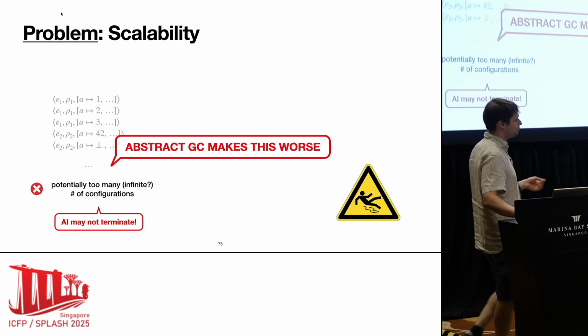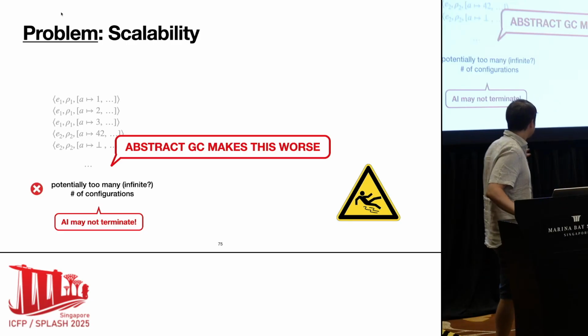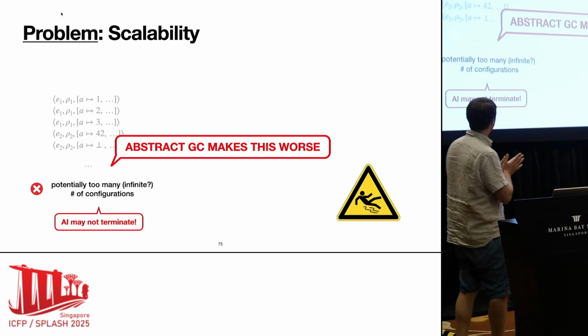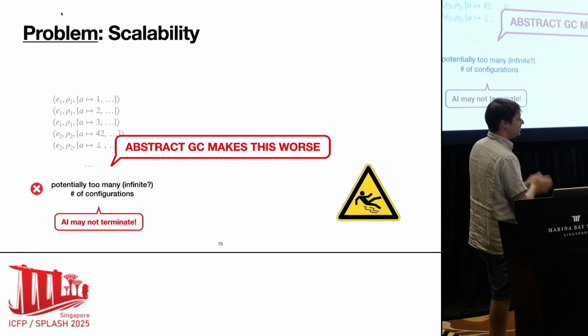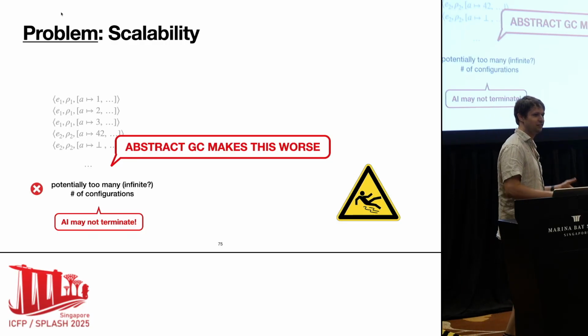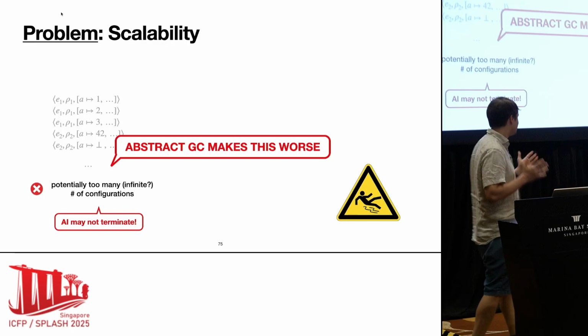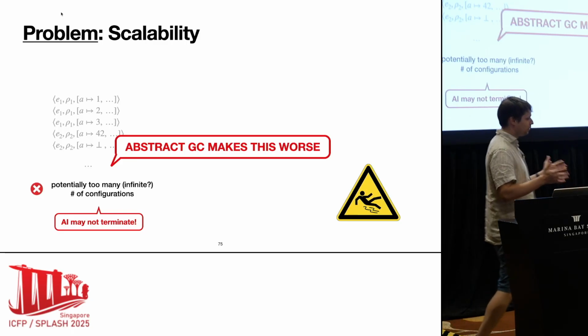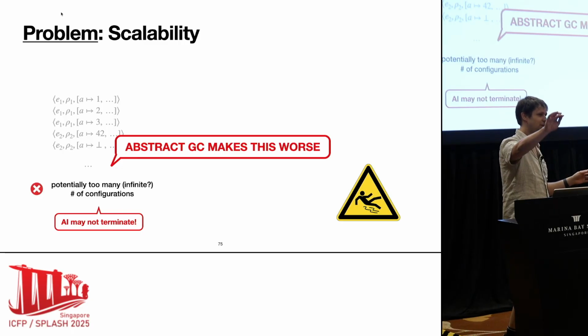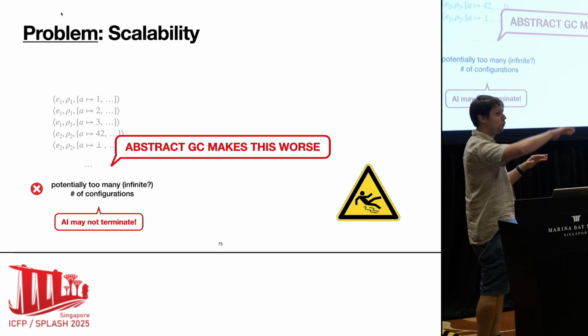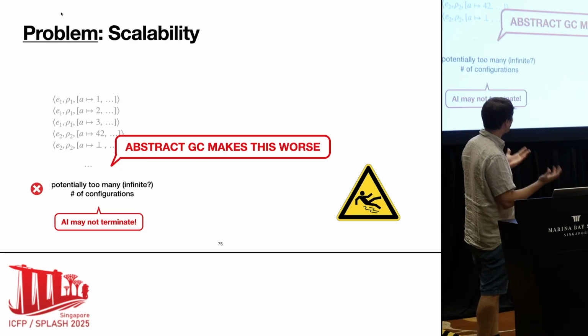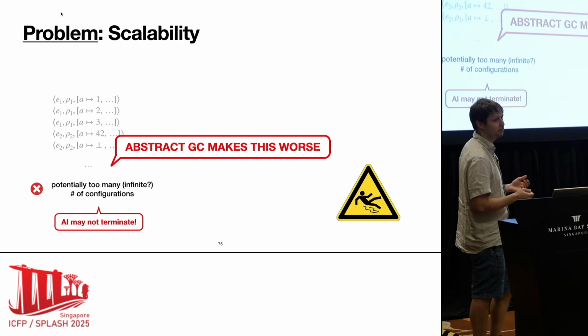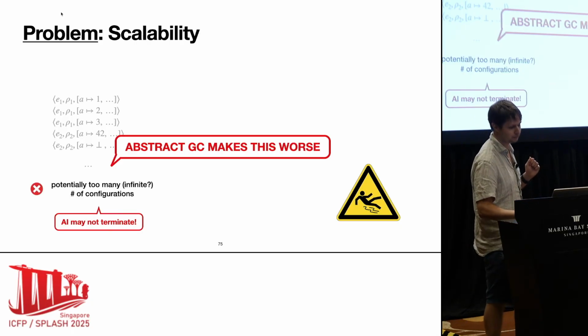The reason I really want to mention this here, and this is something that is often overlooked when people talk about abstract garbage collection, is that abstract garbage collection makes this situation worse. It makes this situation worse because it no longer guarantees that in a single evaluation trace, our stores grow monotonically, meaning that we are no longer assured of convergence under the ascending chain condition.